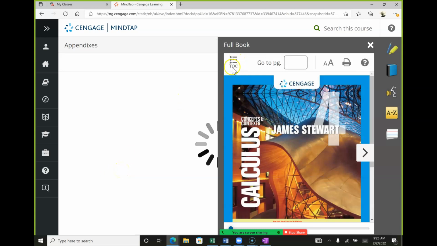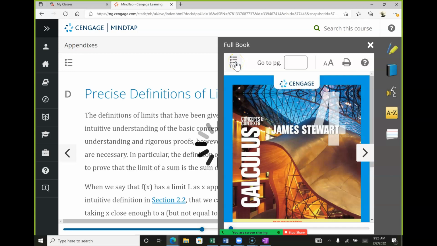Oh, this is better. Go to the table of contents of the full book. It all gets scrunched down into this MindTap screen, which is why I gave you the PDF. You can just open the PDF and get the full thing with the table of contents on the whole page. It's a lot easier.